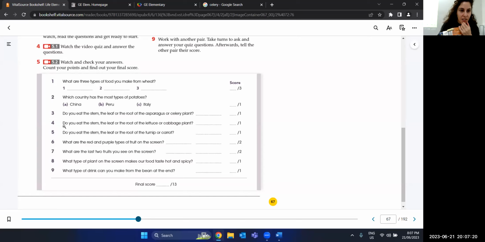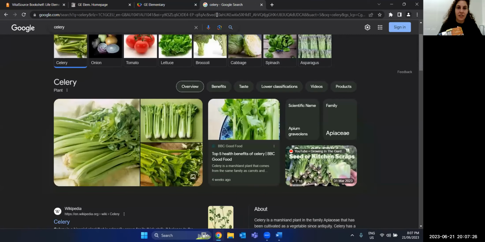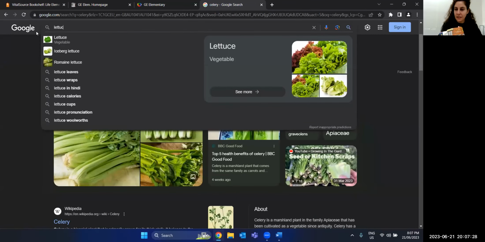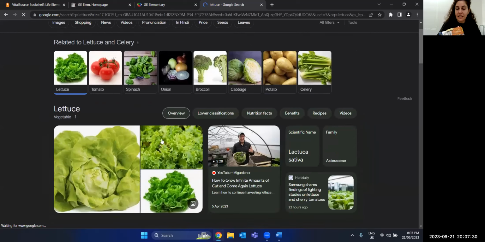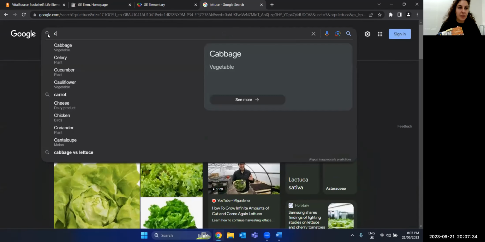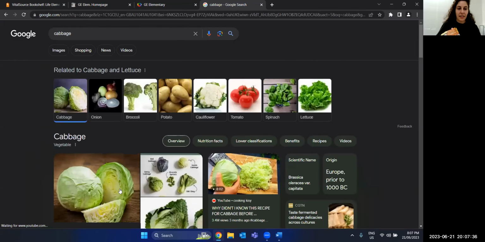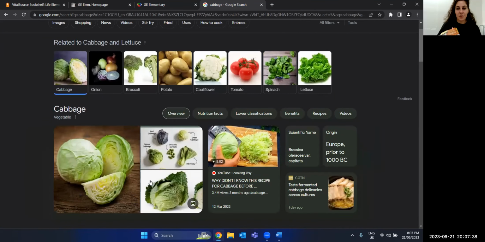Okay, next question. Do you eat the stem, the leaf, or the root of the lettuce or cabbage? This is lettuce. We know lettuce in salad. Cabbage. I love this one.